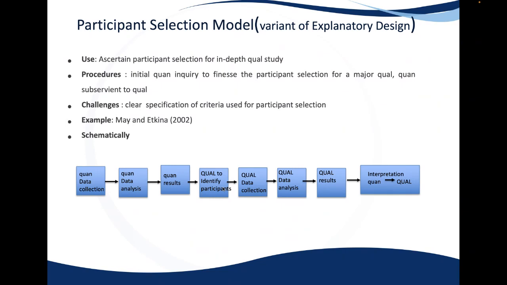But usually in the participant selection model, people will use the quantitative results that they've got, and from that find very specific participants that they will subject to qualitative processes.